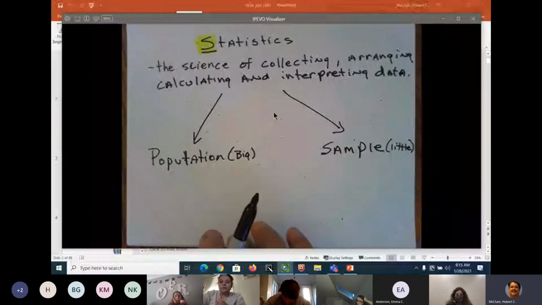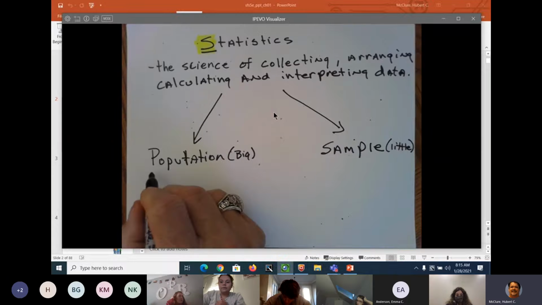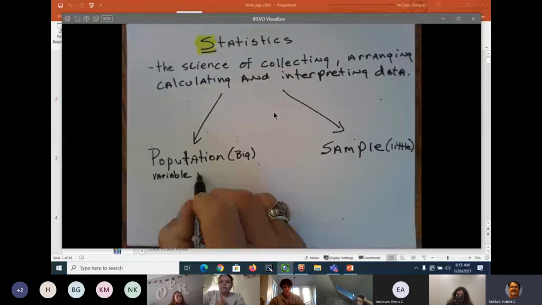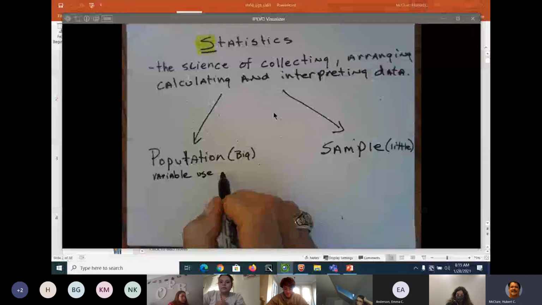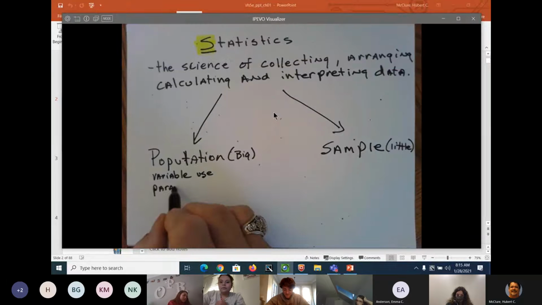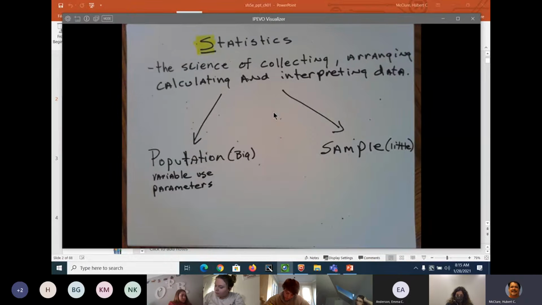Now, with population, you have to use formulas, okay? And the variables that we use in the formulas are called parameters. When you do a mathematical calculation in population numbers, you use parameters. That's what the variables used are called.